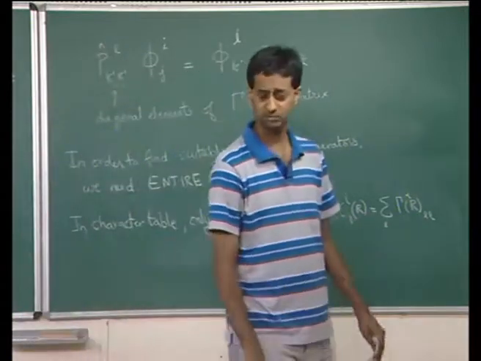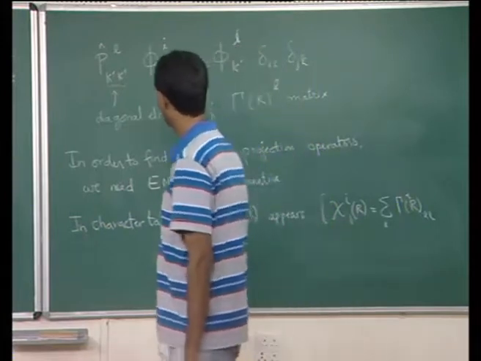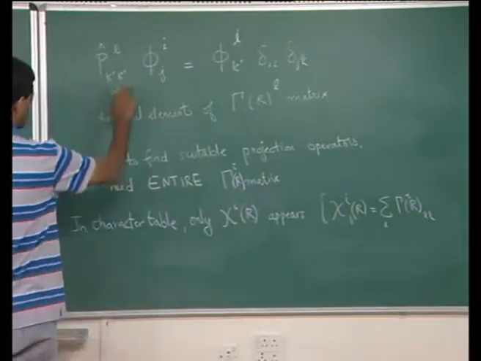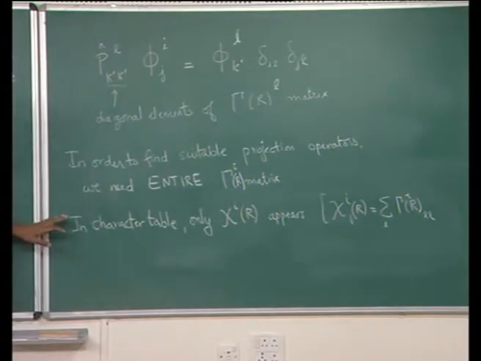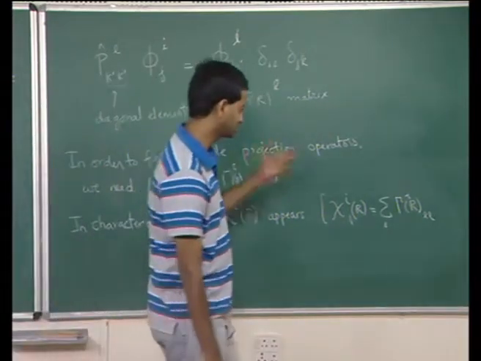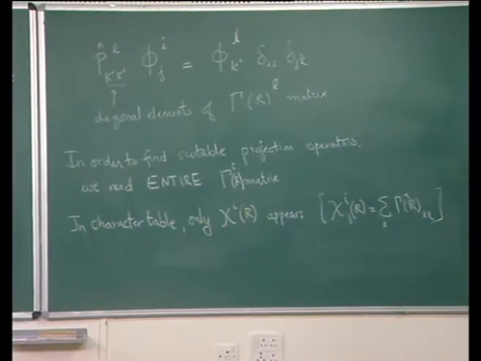But what we'll see in some applications is that, because you can use the diagonal elements, with a few manipulations, just starting with the character table, you can get a large number of projection operators, and there are just a few other projection operators for which you need to do something more than use the character table. That's what we are going to see next.